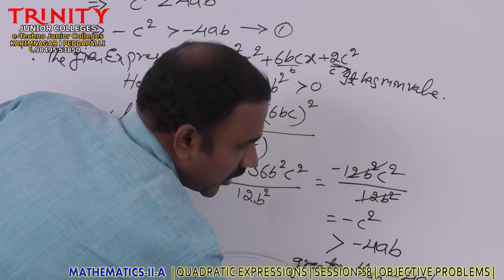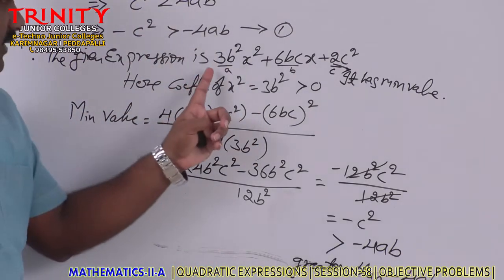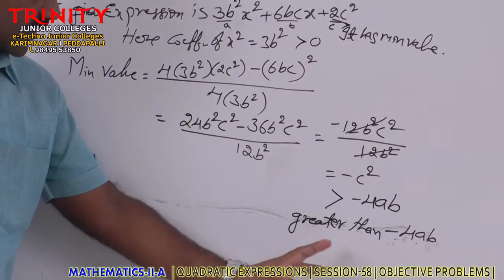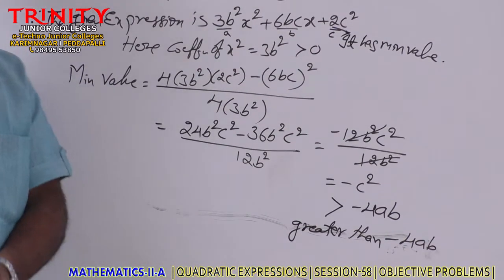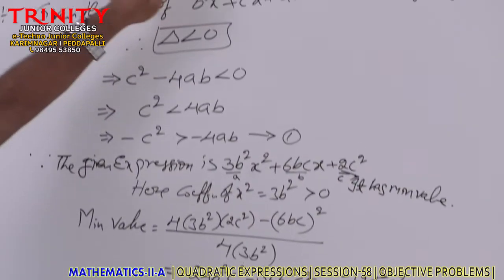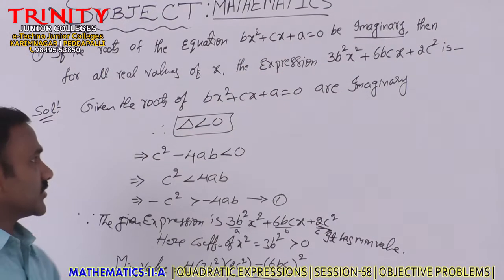The value of the expression 3b square x square plus 6bcx plus 2c square is greater than minus 4ab. What we did here, see once again, the roots of the equation are imaginary.